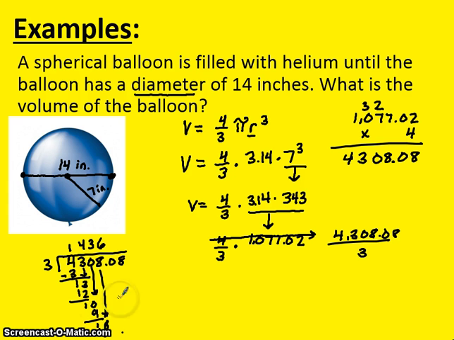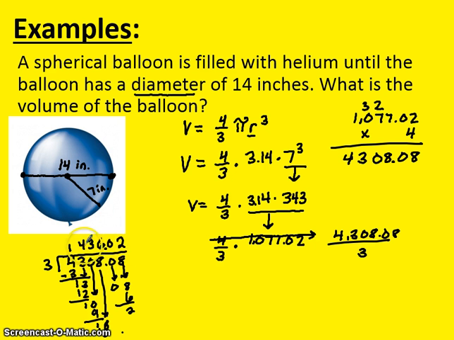Nothing left over, so bring down our 0. 3 goes into 0 0 times, bring down our 8. 3 goes into 8 twice, which is 6. 2 left over. And we could keep going, but that's enough to round it.